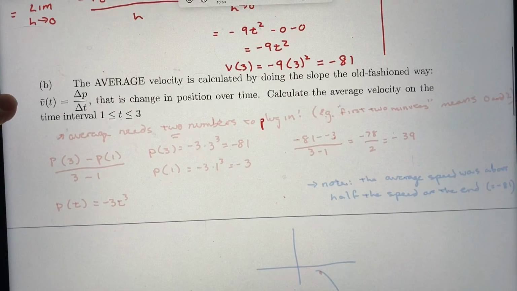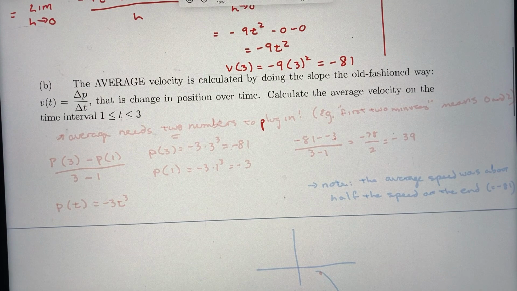Average velocity is the old-fashioned slope. Change in position, change in time. I need 2 times. So, for instance, if I say the first 2 minutes, the time, so.